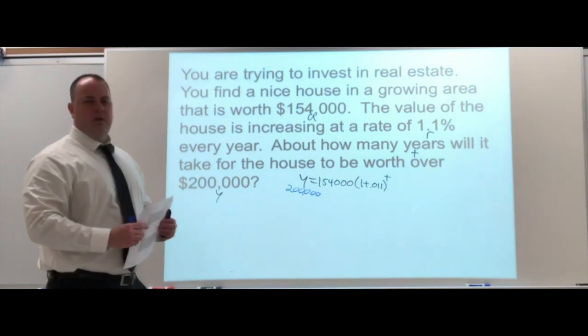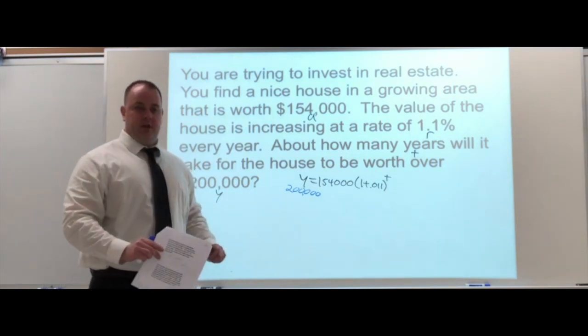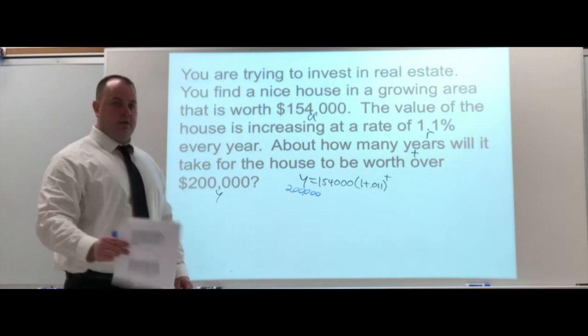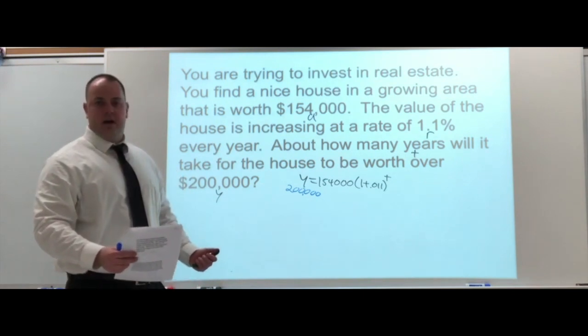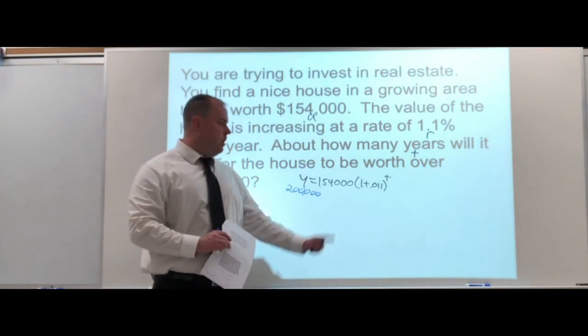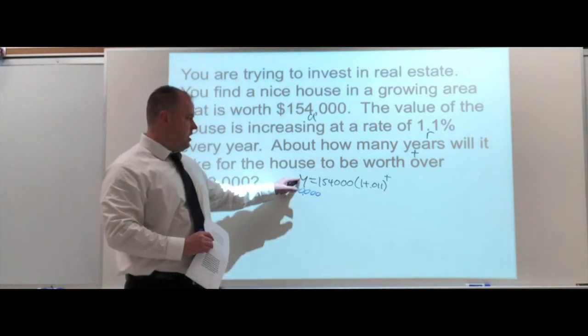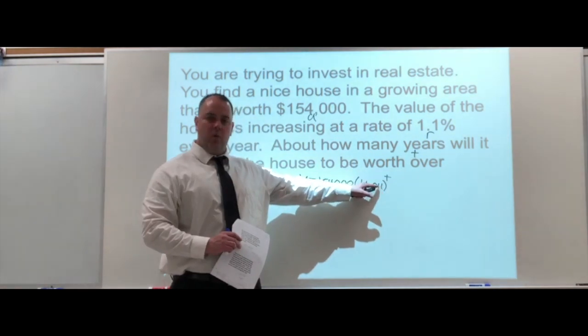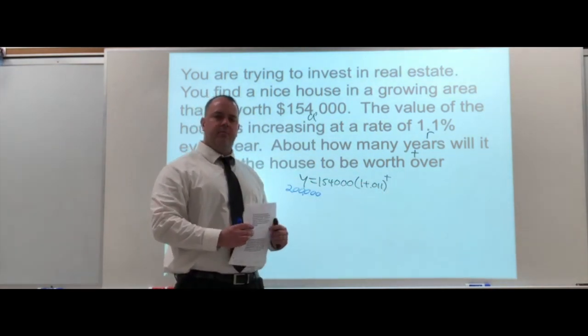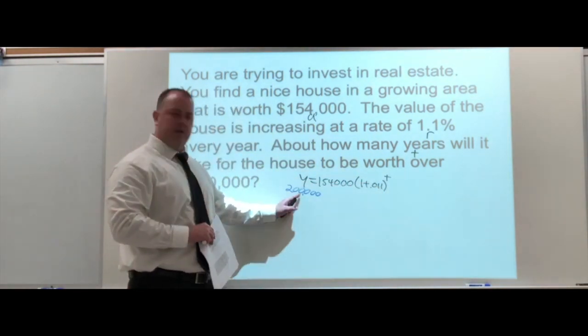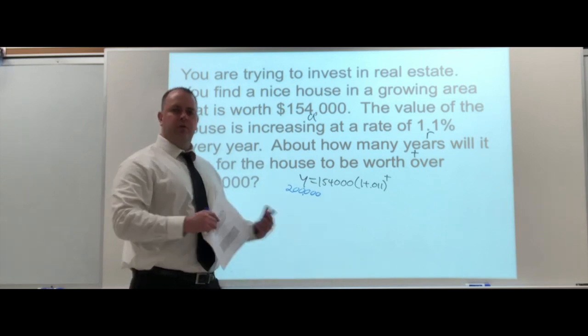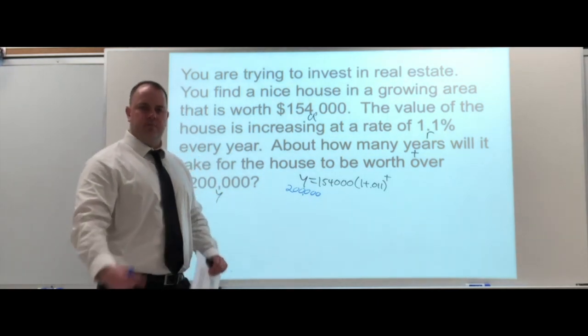So we haven't gone over how to solve this equation yet. Later on in the chapter we will, and on the test you're going to be given your choice of how to solve for this. Right now though, I want you to use your calculator function. Use the table function. Plug this equation into y1, and then go to your table and just start scrolling until you get to 200,000.